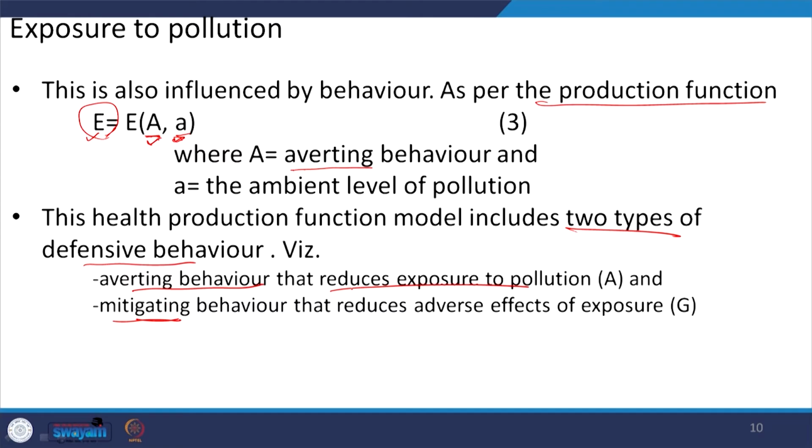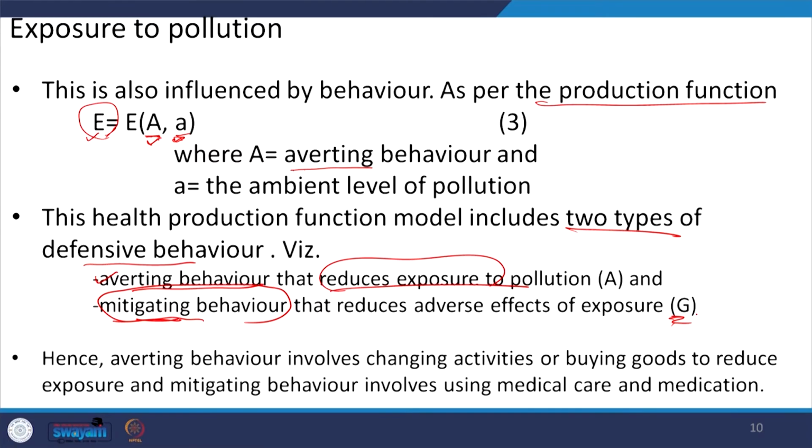So, one is reducing exposure, reflected in averting behavior, and the second one is mitigating behavior, which reduces the adverse effects of the exposure, and this is represented in terms of G.